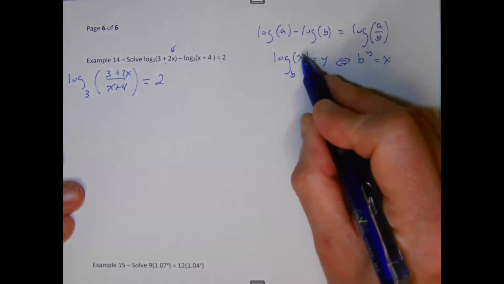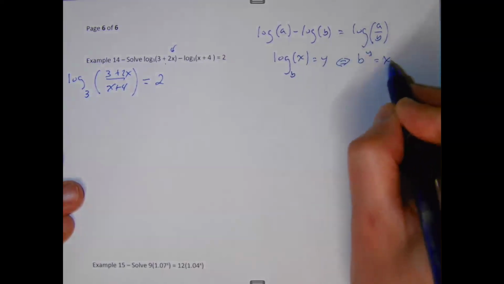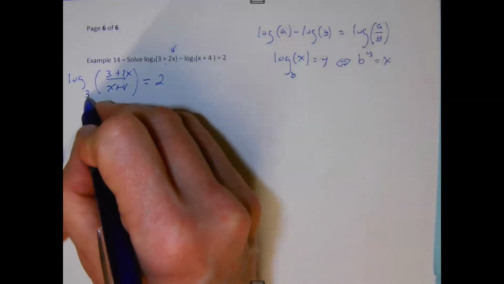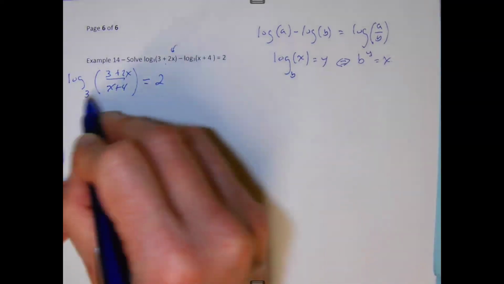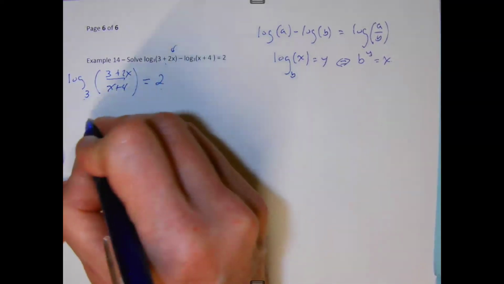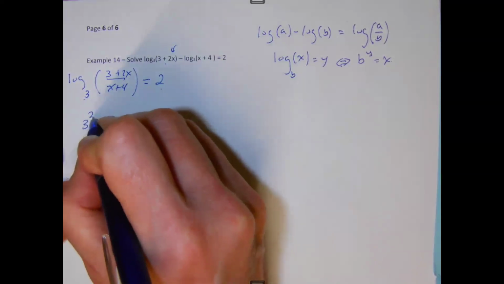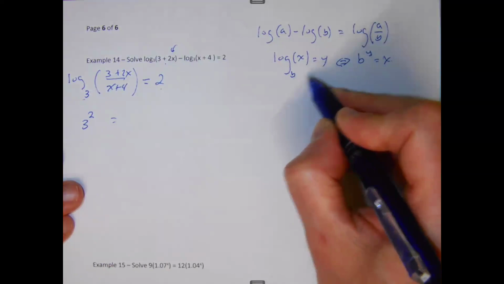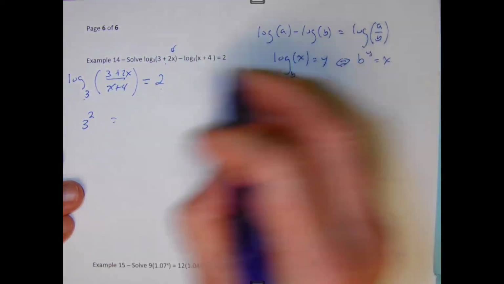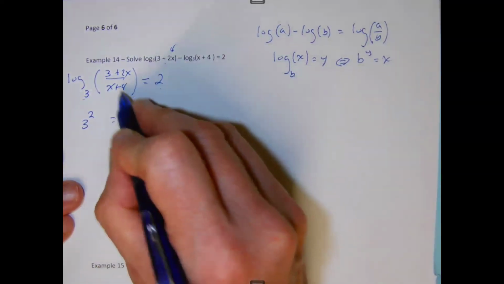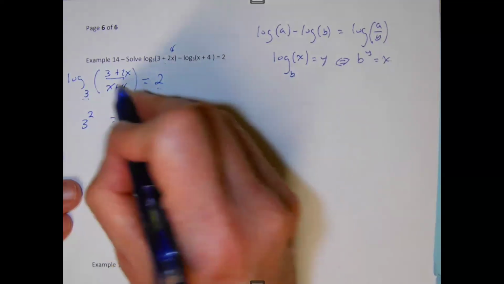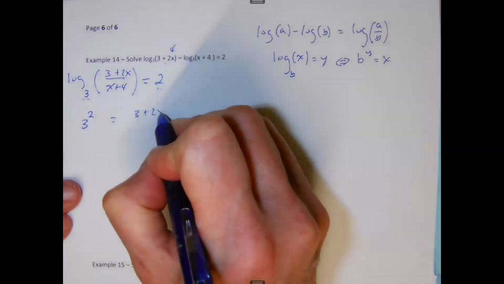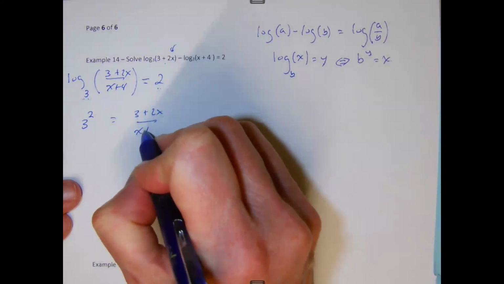So again, input, output, reverse, input, output. And that's what I'm going to do here. Here my base is 3, so 3 raised to 2 should equal, so again, a big circle, b to this power equals x. So here, 3 to the second power equals that entire expression that I see inside here.